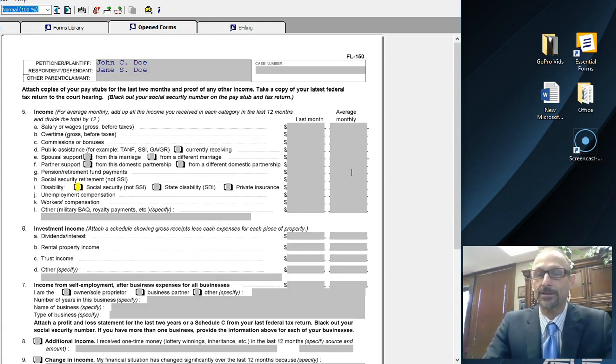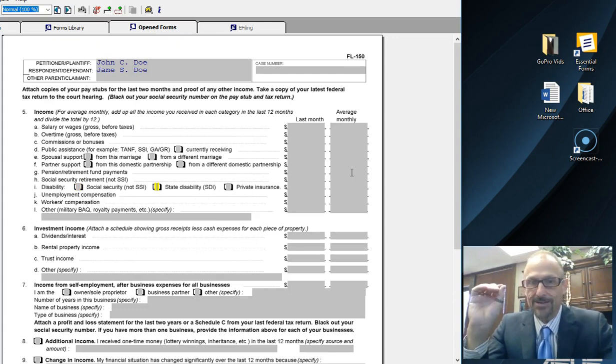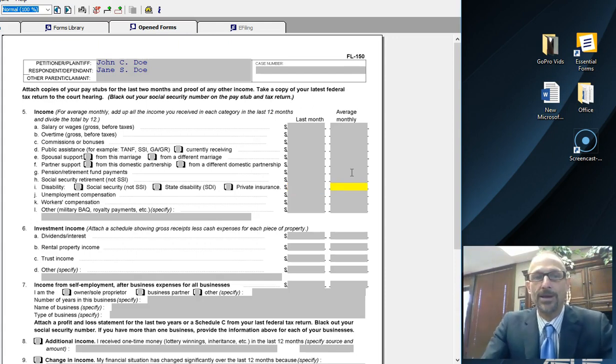If you're on disability, you're going to want to mark either Social Security disability, not SSI, because that's above under H, or state disability, SDI, or disability from a private insurance company. Again, you're going to mark what you made last month from that, and what you made on average for the last 12 months.